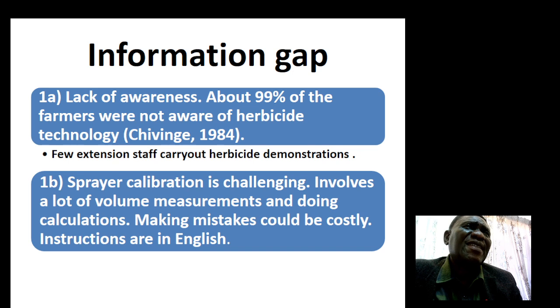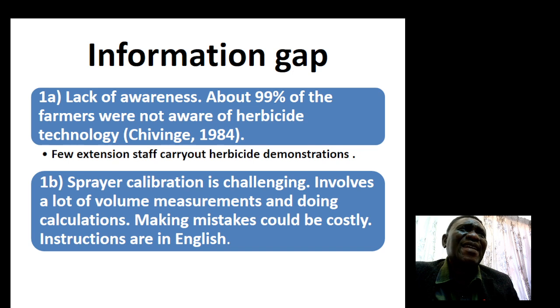A few extension staff carry out herbicide demonstrations. Probably this is too risky. If you make a mistake, you can destroy the farmer's crop.